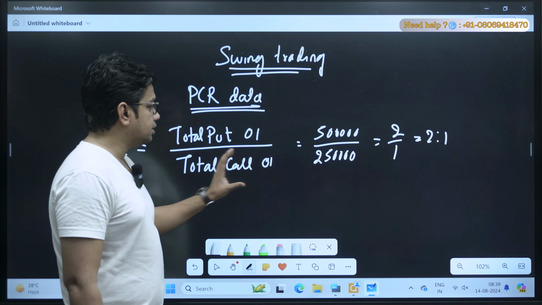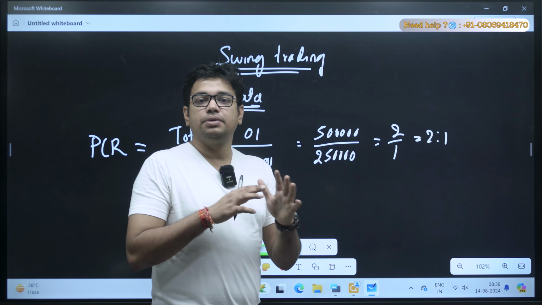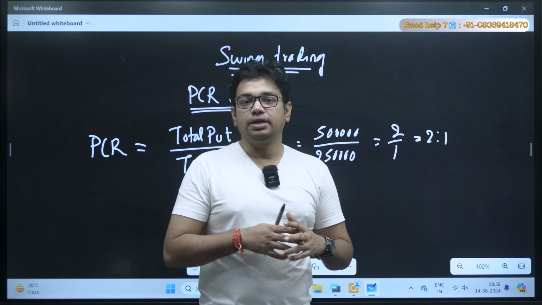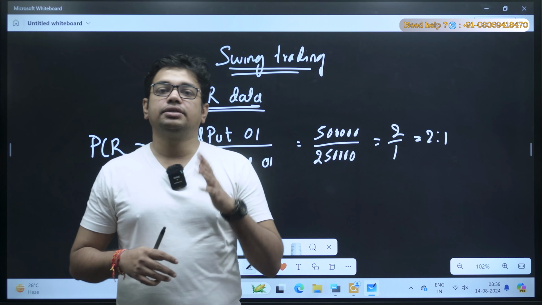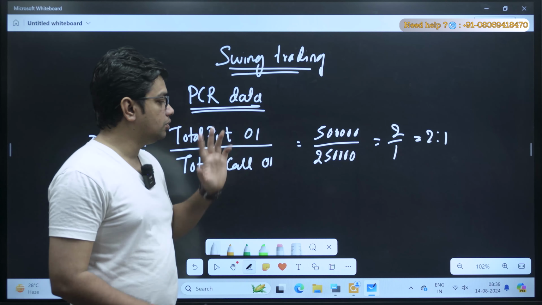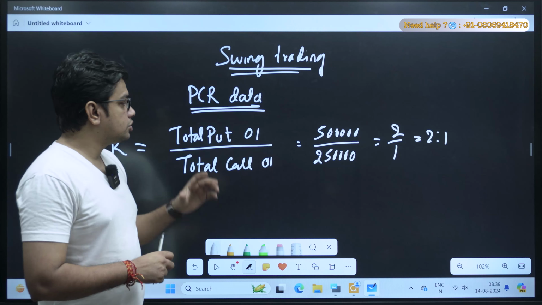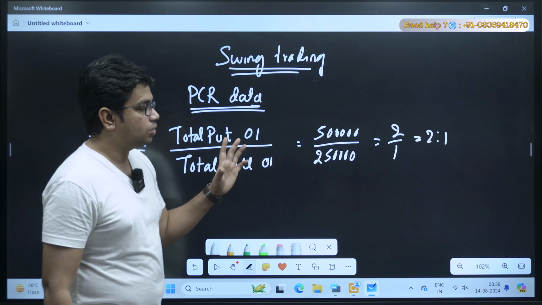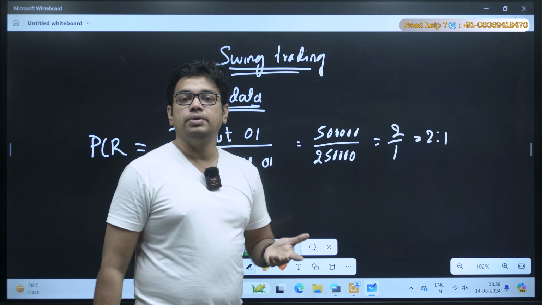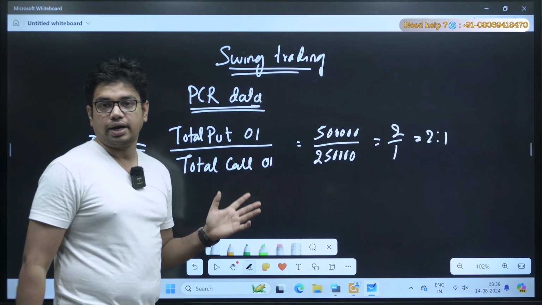Similarly, the call writers are also interested to keep the stock down, but the number of call writers is lesser as compared to put writers. So, I can say the put writers over here are more dominant as compared to call writers.